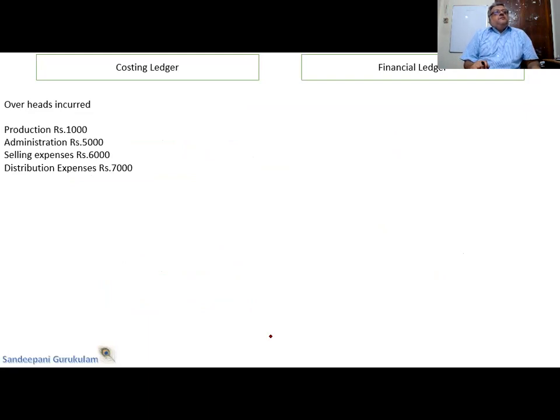The overheads incurred: production overhead, administration overhead, selling and distribution overhead. So what entry will you put here? Production expenses account, that is 1,000. Admin expenses, that is 5,000. Selling expenses, that is 6,000.